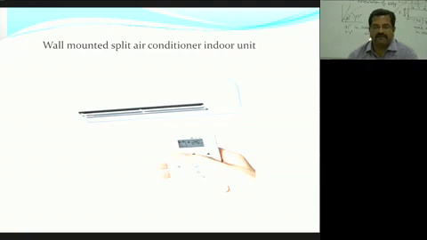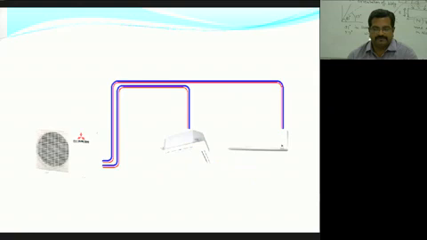So this is an indoor unit which blows cooled air inside the living area, and the other part is the outdoor unit, which has the condenser, goes outside the building, and we put it here on the left side. You can see this is the outdoor unit, which is connected through the blue line showing the cool air going inside the blower, and this red line is showing the return hot line to the outdoor unit.